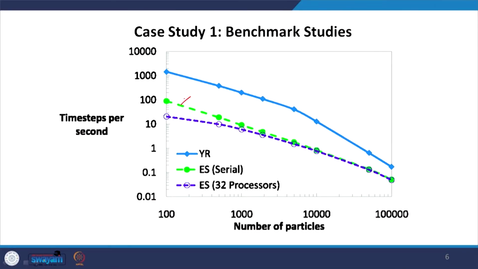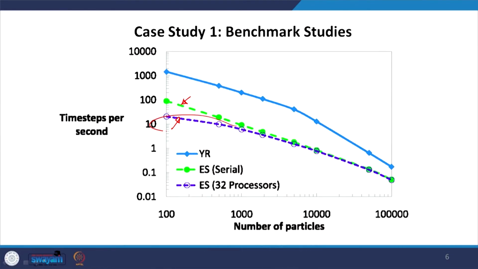And what you can see is these green lines are basically time steps per second taken by Ewald summation on a serial processor, and this is what is taken by the Ewald summation on a parallel processor. Of course, we correct for the number of processors. So, it is like the total number of time steps taken by all the processors put together.